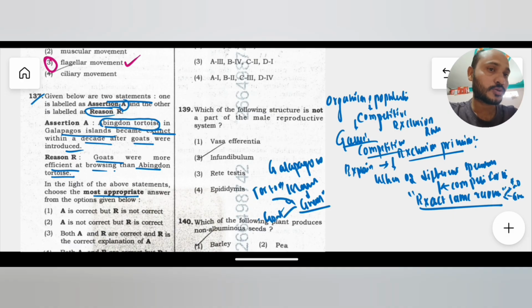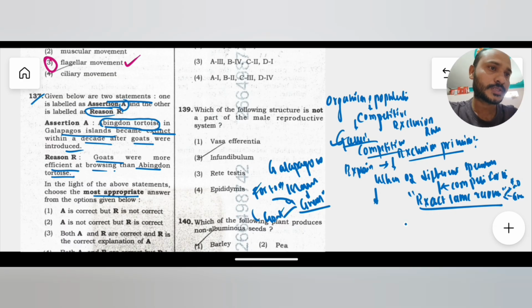But the goat has more browsing capacity than the tortoise. Hence, after a decade, the tortoise became completely extinct from the Galapagos Islands. This principle was explained by Gause, hence it is called Gause's competitive exclusion principle. Two different species compete for the exact same resource, water, food, anything, and one species gets extinct.